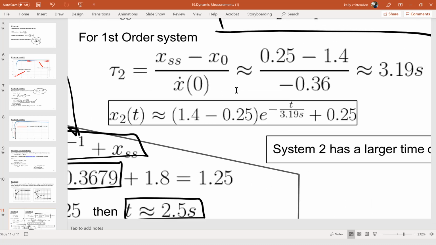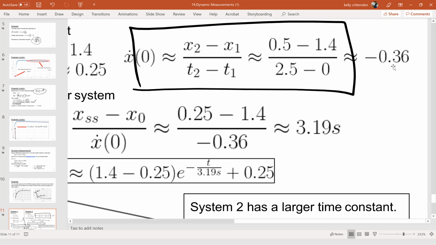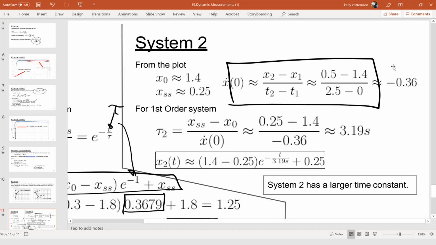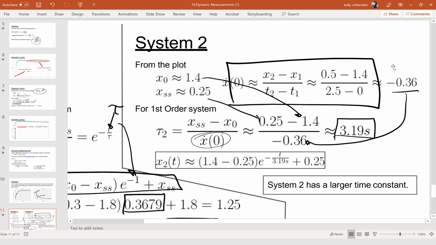Once you know the slope at 0, which is negative 0.36 for us if you use those 2 points, then you can solve this equation because you've got tau, the steady state value, which we read off the graph as 0.25, the initial value that we read off the graph as 1.4, and the slope you calculated. You plug all those numbers in, and you get a time constant, 3.19.